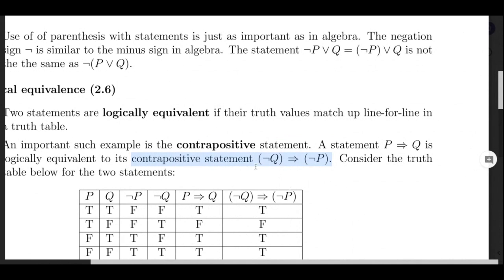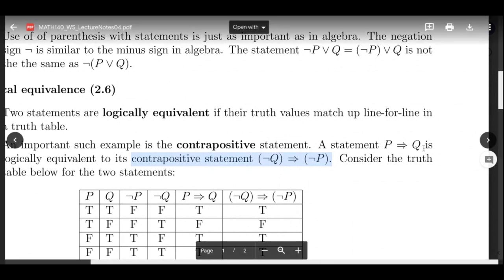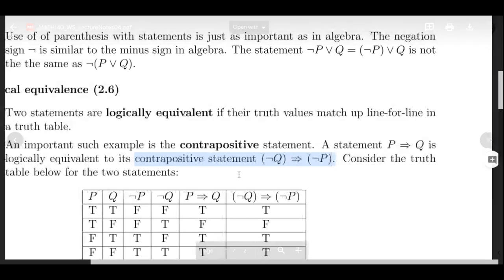All right, so this is contrapositive to P implies Q. Remember yesterday we talked about P implies Q doesn't mean Q implies P. However, it has its contrapositive statement. P implies Q equals to, if not Q, then not P. Okay, not Q implies not P. So this is called a contrapositive.